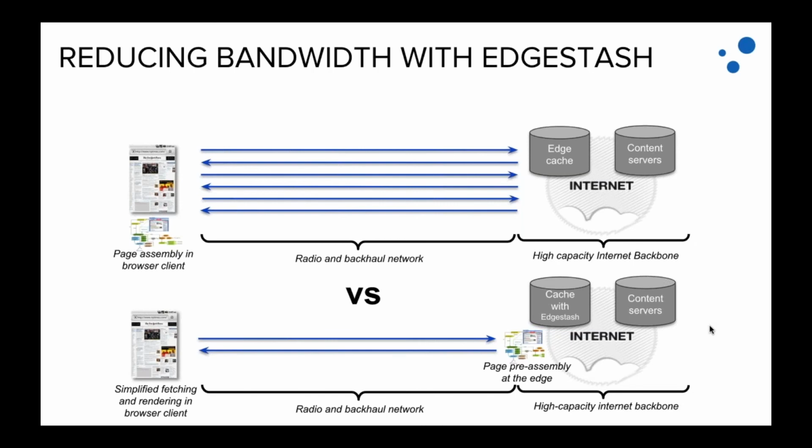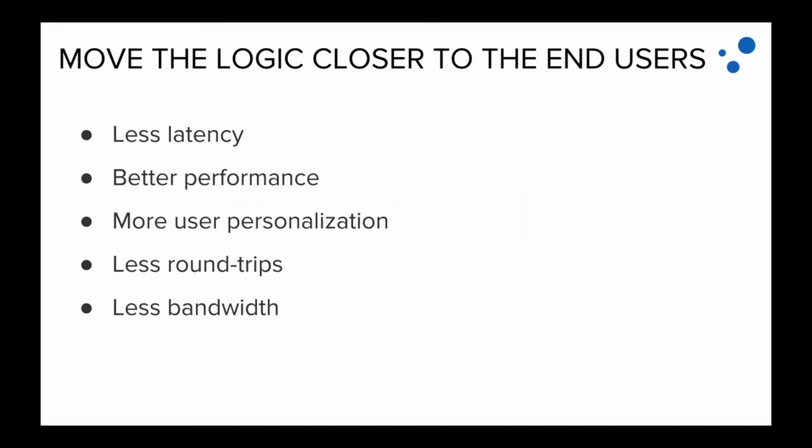So in terms of benefits, again, you will have less latency and better performance. When it comes to better performance, you're most likely going to see an increase in your sales, and this, with less bandwidth and fewer round trips, will open up to more user personalization, which is extremely important.